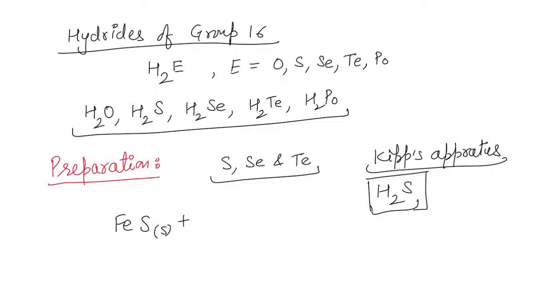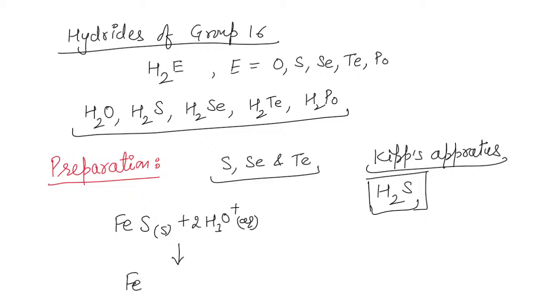Dilute sulfuric acid means it gives H+ ions, right? In dilute H2SO4 it gives H+ ions obviously, so you can write it as H3O+, because it is dilute H2SO4.